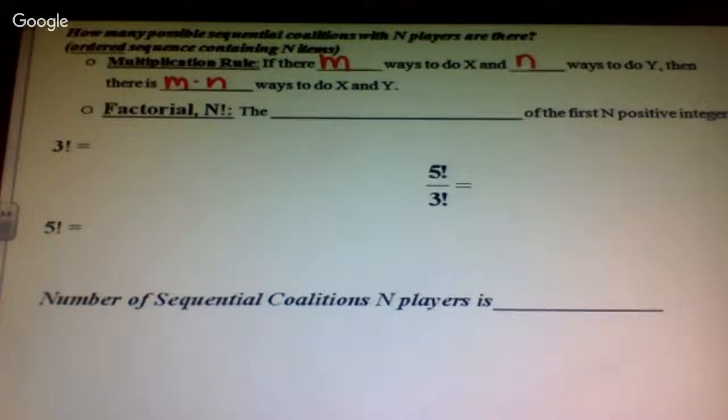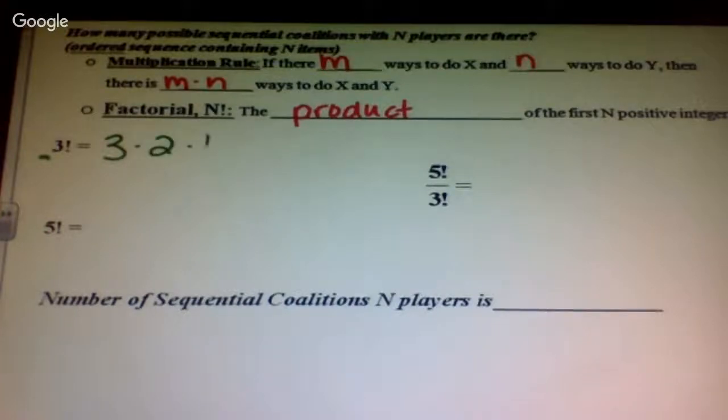Factorial means the product of the first n positive integers. I will show you where this button is on your calculator, but you need to understand the meaning behind it. So, if I have 3 factorial, that means I start at the number 3 and I multiply by everything below it.